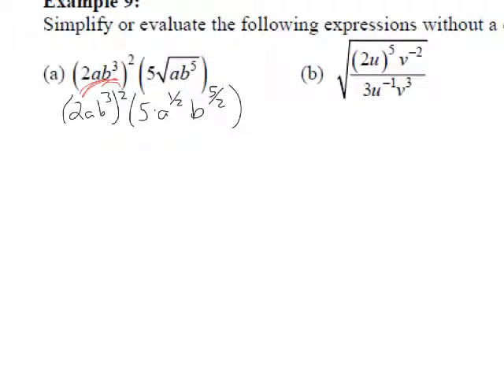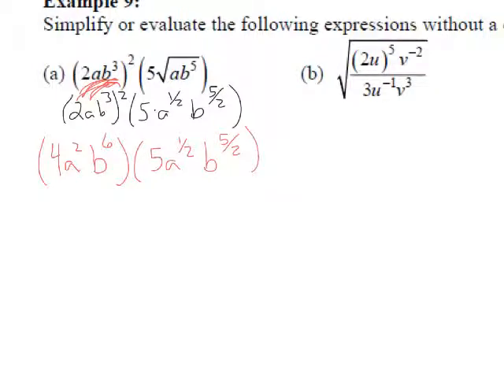So 2 squared is 4, a squared is a squared, and b cubed squared is b to the 6th. So we had to distribute that 2 to all 3 terms. There's our first piece. The second piece we have nothing to distribute, so I'm going to leave it as is.